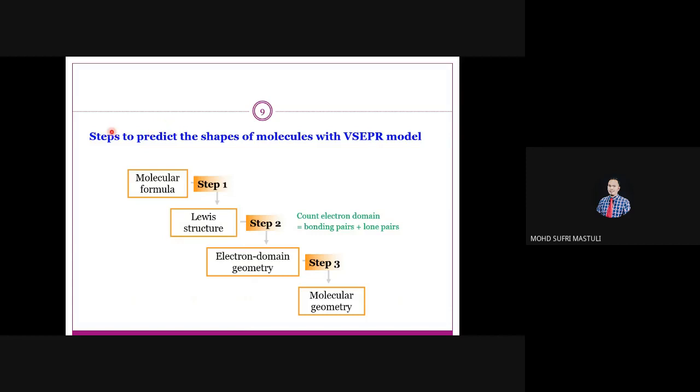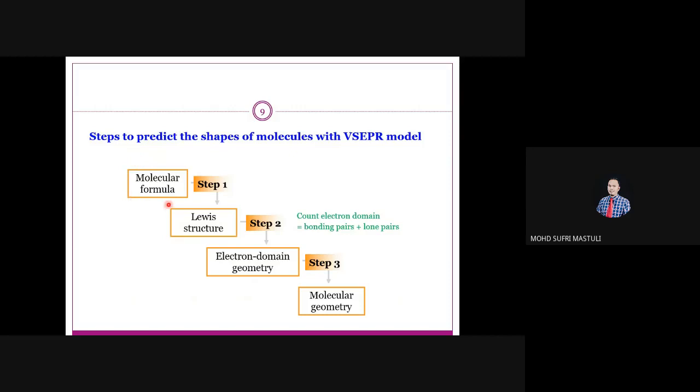Here are the steps to predict the shape or the geometry of molecules using the VSEPR model or VSEPR theory. First of all, of course, you should know the molecular formula.